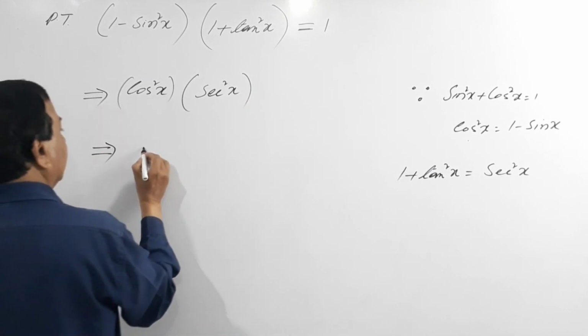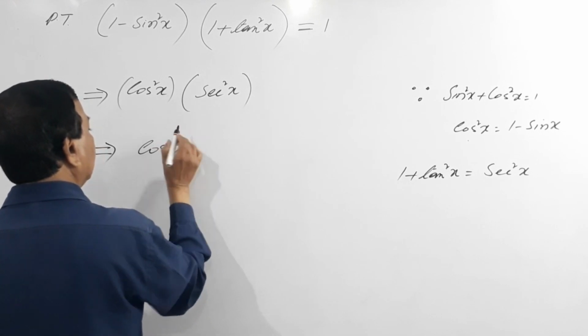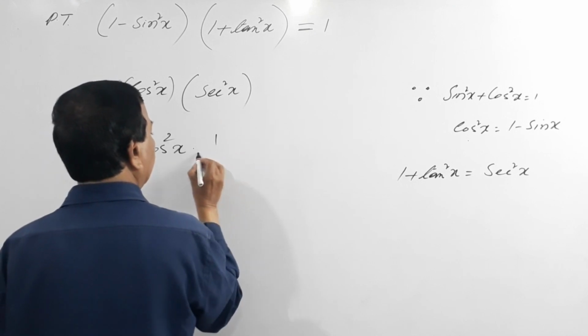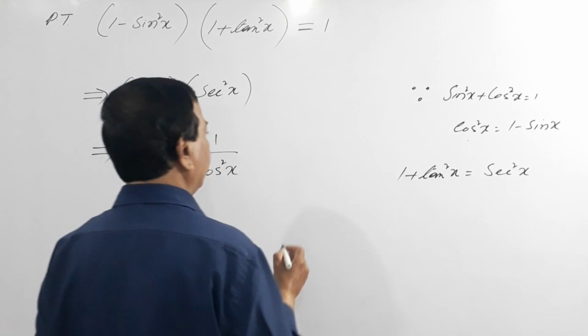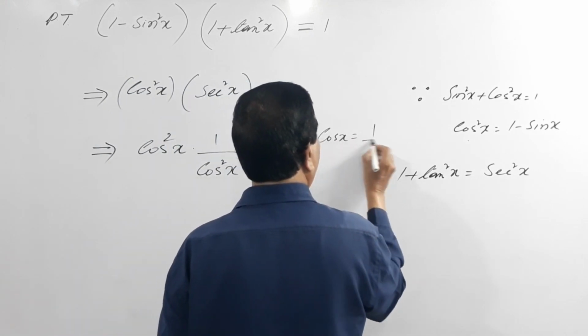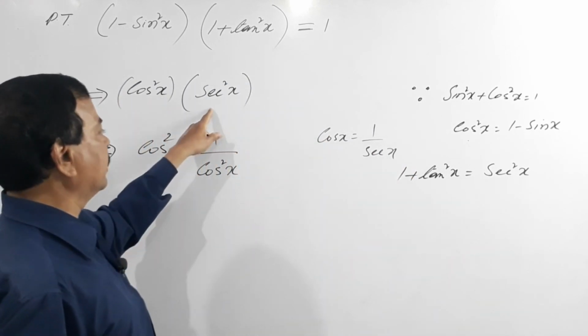And this is cos square x, and secant is nothing but 1 by cos, because cos x equals reciprocal of secant x.